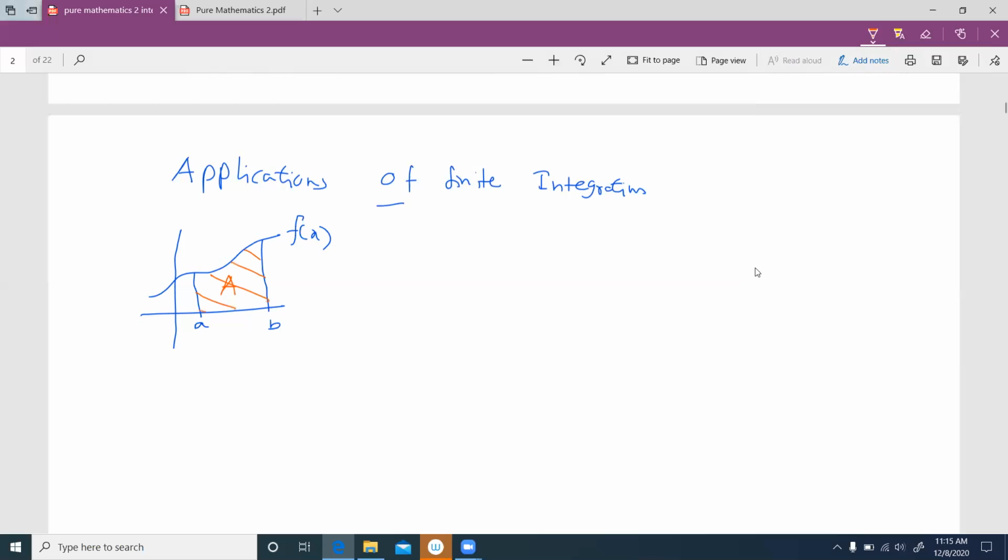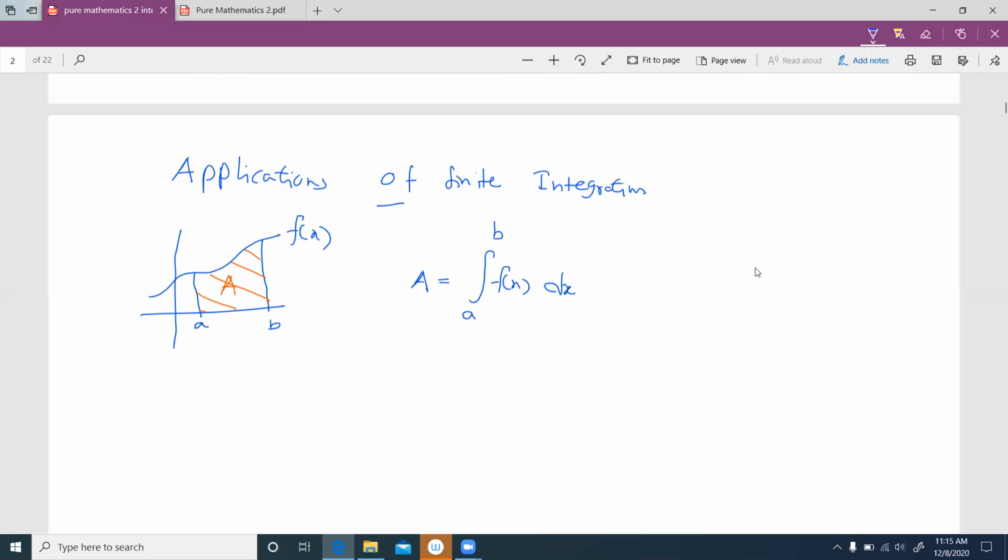Simply, you can find this area by this formula. What you need to do is simply integrate this function f(x) from a to b, dx. From this pretty simple formula, we can find the answer for that.